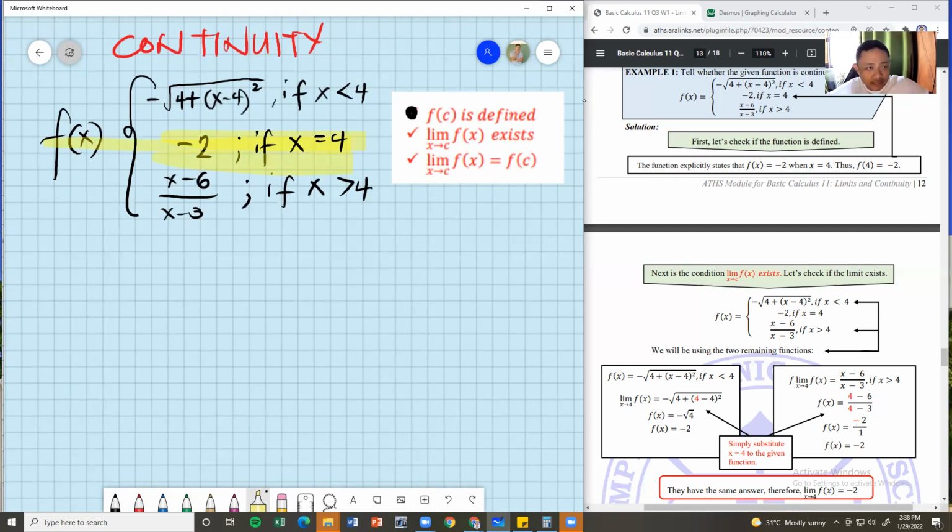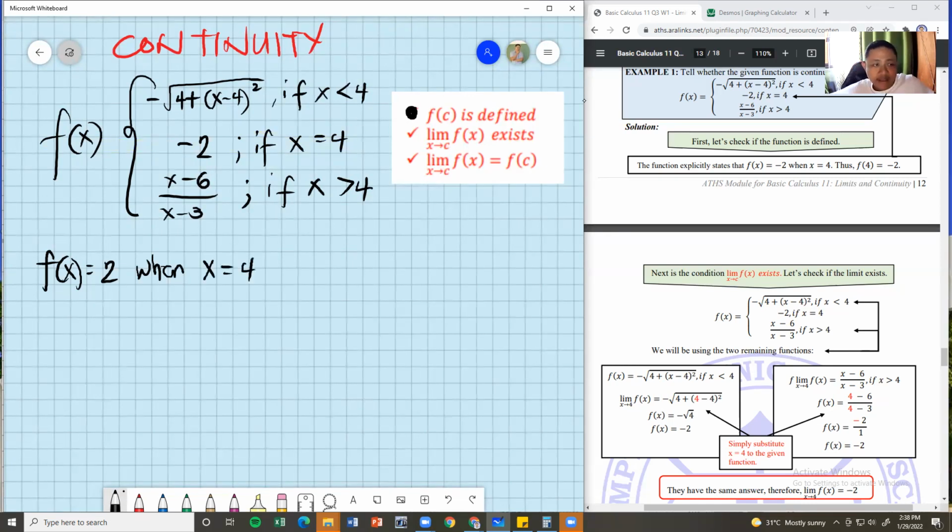So, taking this individual function, we will have f of x is equal to 2. Can you follow? When the condition here is x is equal to 4.